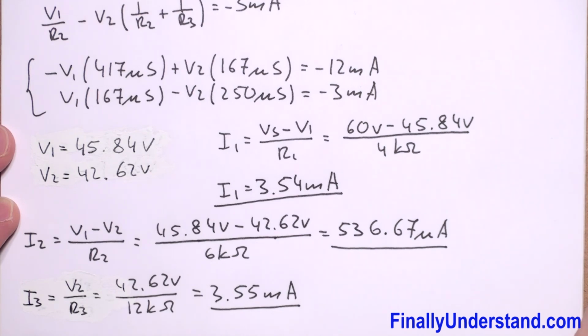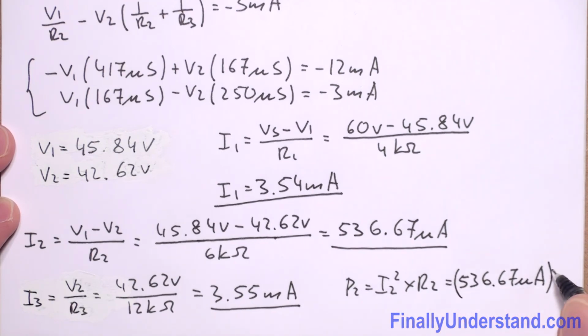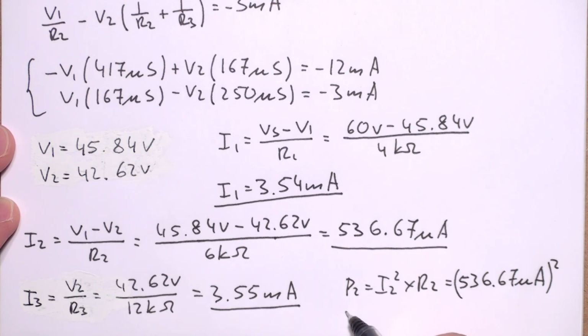Next, the problem is asking me for the power at resistor R2. The formula for power says, let me write this over here, P2 is equal to I2 squared times resistance R2. So this is equal to, I2 we found is equal to 536.67 microamps to the second power times R2, which is equal to 6 kilohms.